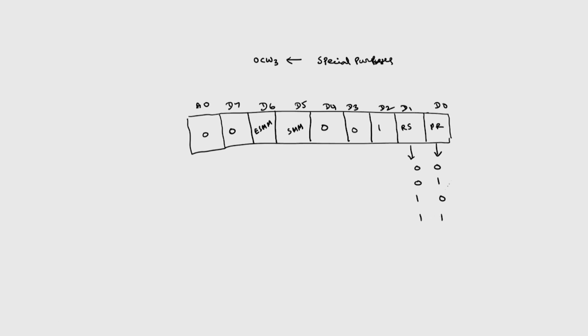So for 0, 0 and 0, 1 there is no action. In case of 1, 0, read IR on the RD pulse. Next RD pulse. Read IS on the next RD pulse if it is 1, 1. This is the read bar pulse actually.